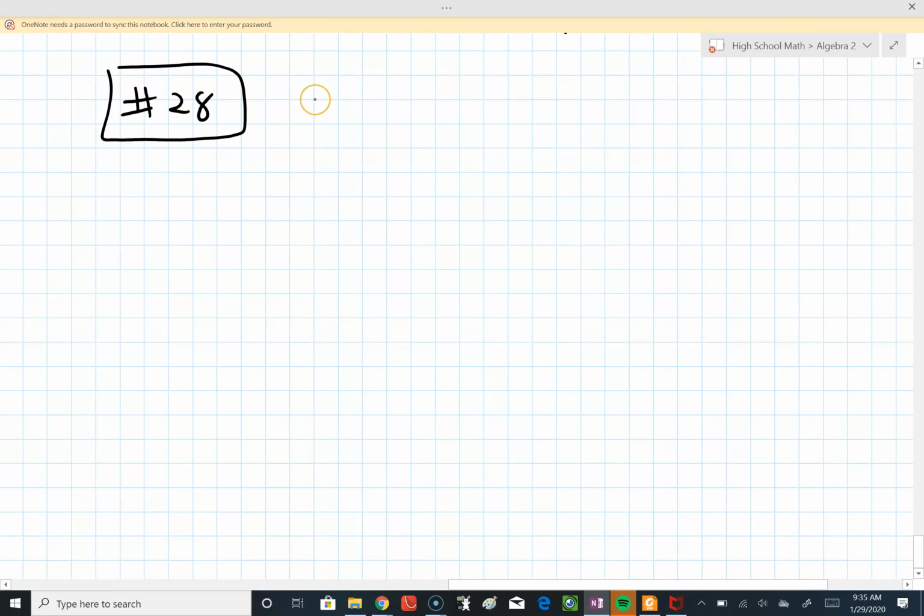So 28 gives us 2x cubed plus x squared minus 7x minus 6 equals 0.